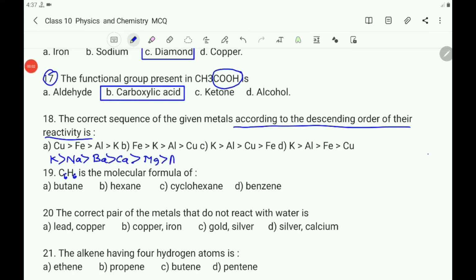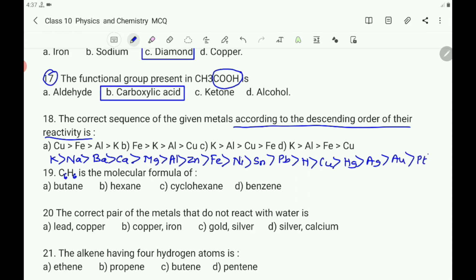After magnesium, aluminium, then zinc, then Fe, after that nickel, next tin, Sn, then lead, Pb, then hydrogen, then copper, then Hg, then Ag, silver, then gold, Au, after that platinum.